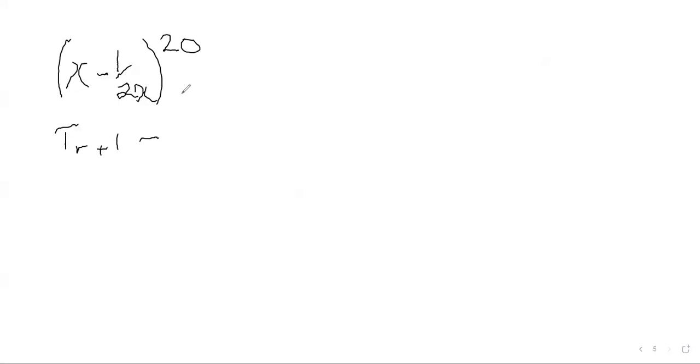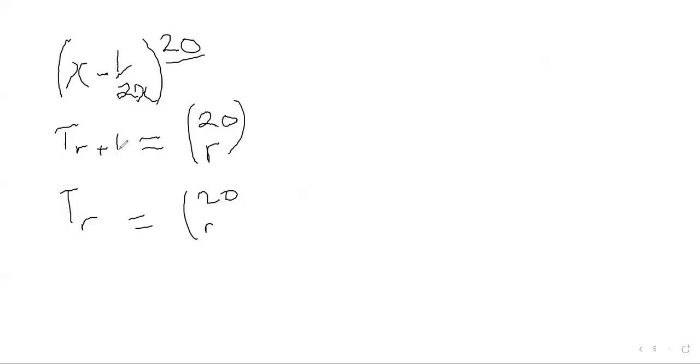Therefore t r plus 1 is equal to 20, the highest value here, choose r. Here, don't forget, whatever you write here, if you are saying r plus 1, it will be r plus 1 minus 1, which is r here. If you are using t r here, it will be 20 choose r, with minus 1 at the end of the day. That's what you are expected to have here, so be careful with what you write.